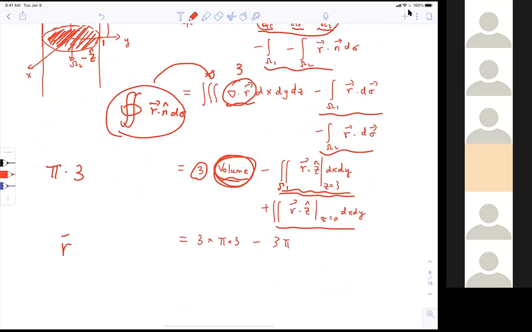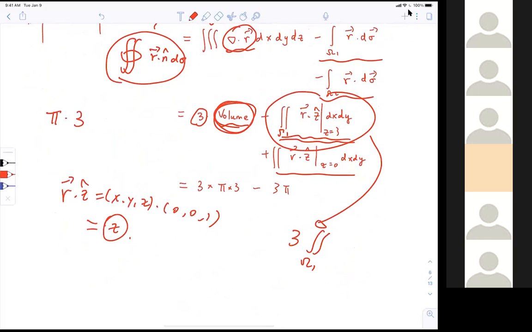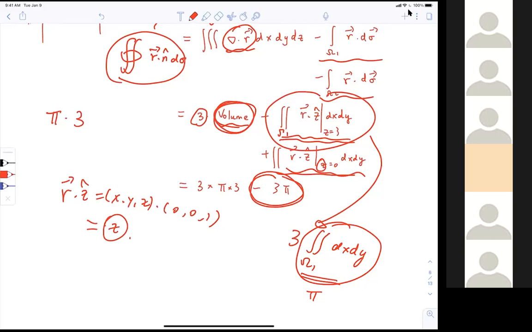By the way, r dot k is (x, y, z) dot (0, 0, 1), which is z. So z equals 3, so this is nothing but 3 times the integral over omega 1 of dx dy. This is the area of the disk, which is pi. So this is the reason why there's a minus 3 pi. And this one is 0 because z is 0. And finally, you get the final result, 6 pi.